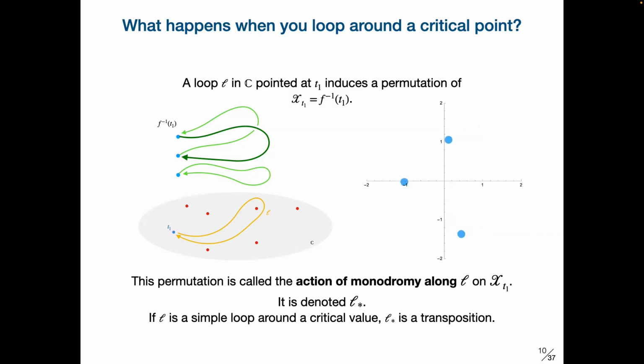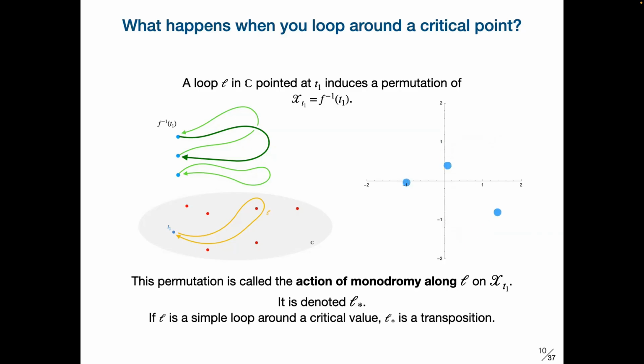What's interesting is what happens with the other points. And again, thanks to work of Lefschetz, we know that if you take a simple loop, the permutation that's induced by the monodromy is not going to be anything possible. It's going to be something quite specific. It's going to be a transposition of 2 of the points in your fiber.